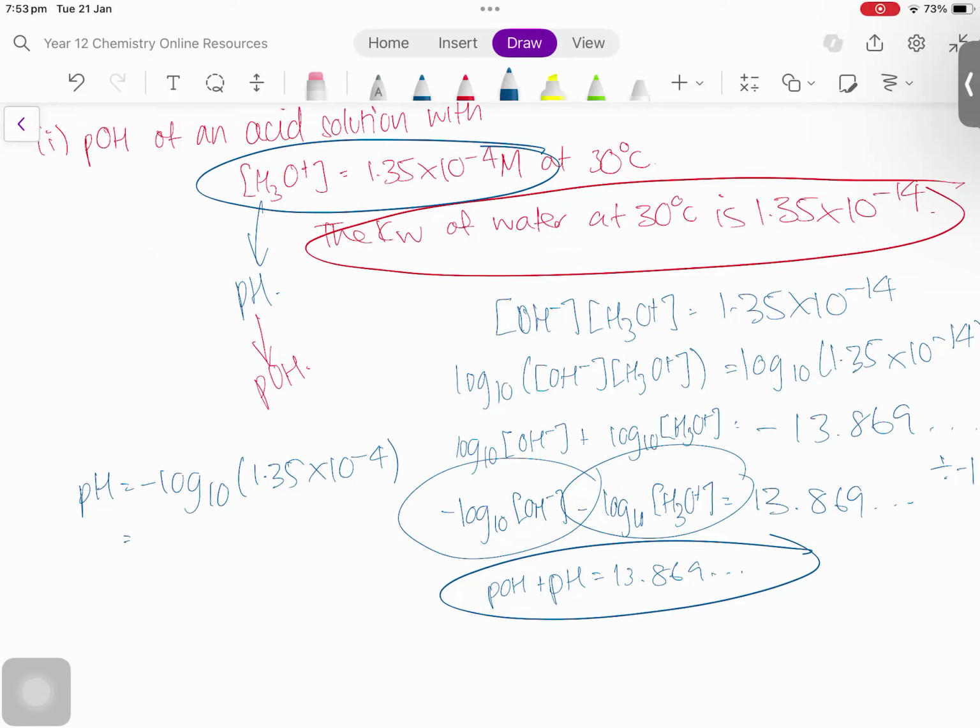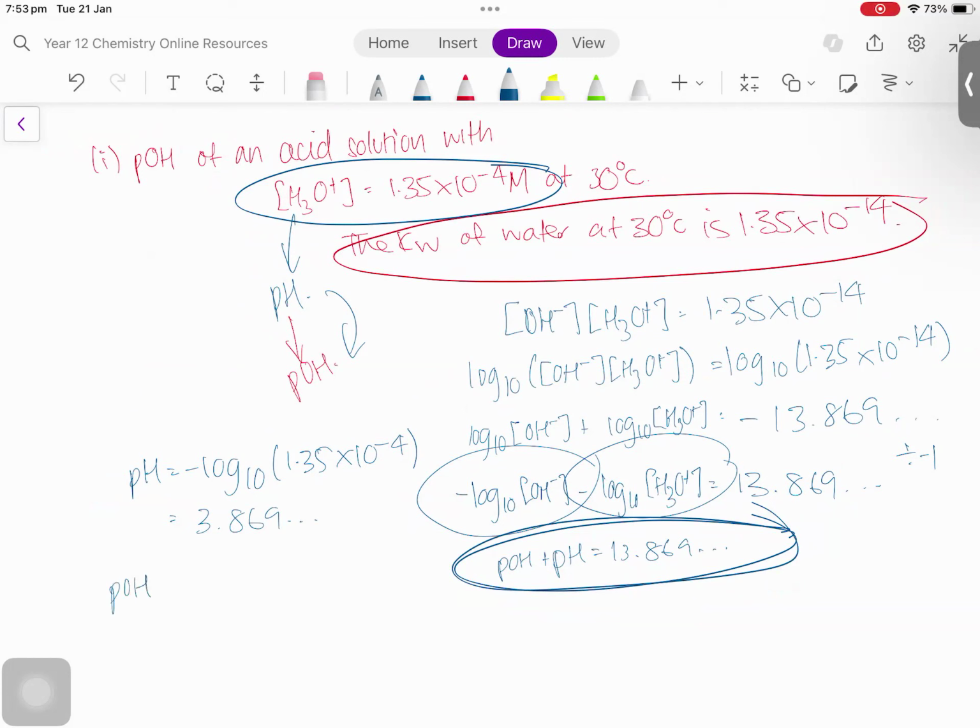In this case, it just happens to be a different number. So pOH is equal to 13.869 minus pH, which is 13.869 minus 3.869. Cancels out perfectly, so you get a pOH of about 10.0. Yeah? So this here is the same thing as what you've been practicing. You were just practicing deriving a different equation at a different temperature.